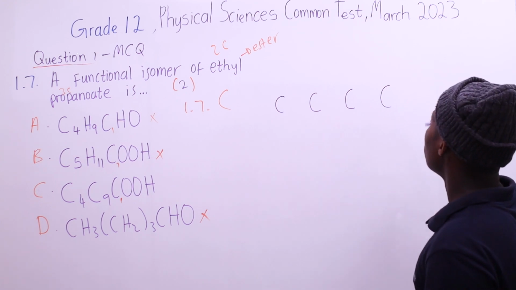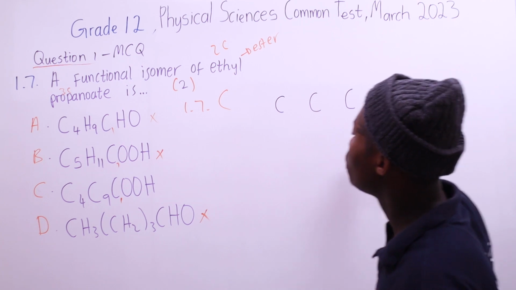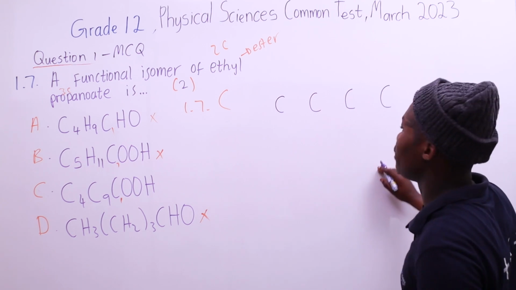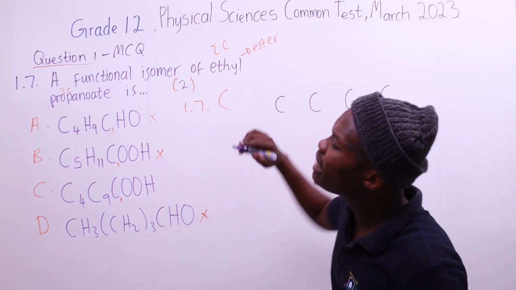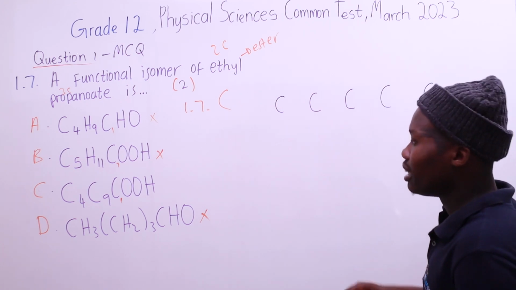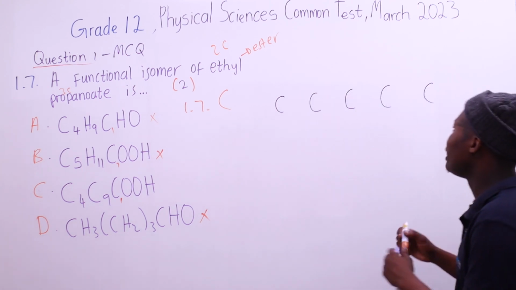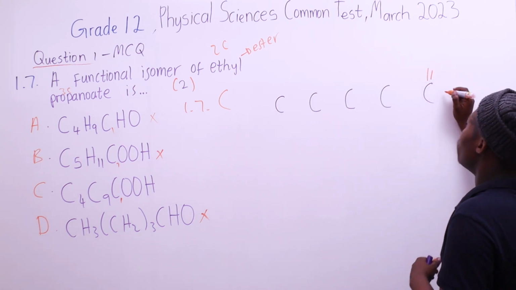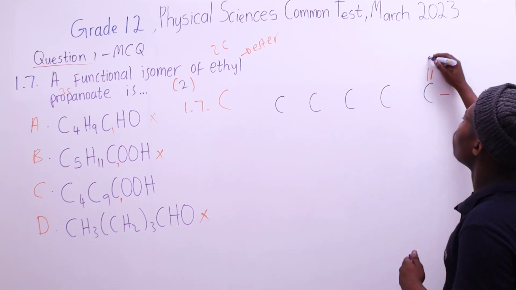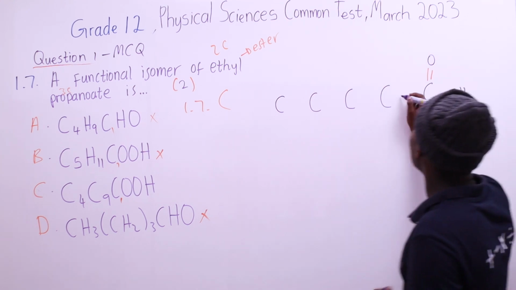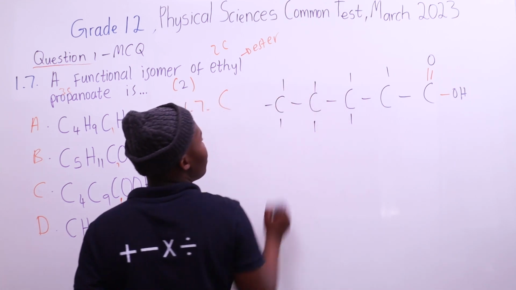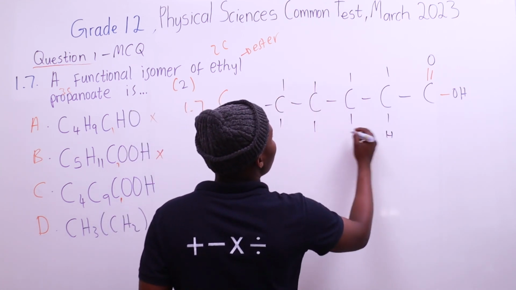We want a carboxylic acid, so ethyl propanoate has 5 carbon atoms. We know a carboxylic acid at the end has a double bond O and an OH. So what are we looking for? A double bond O and OH, and then the rest will just be H.